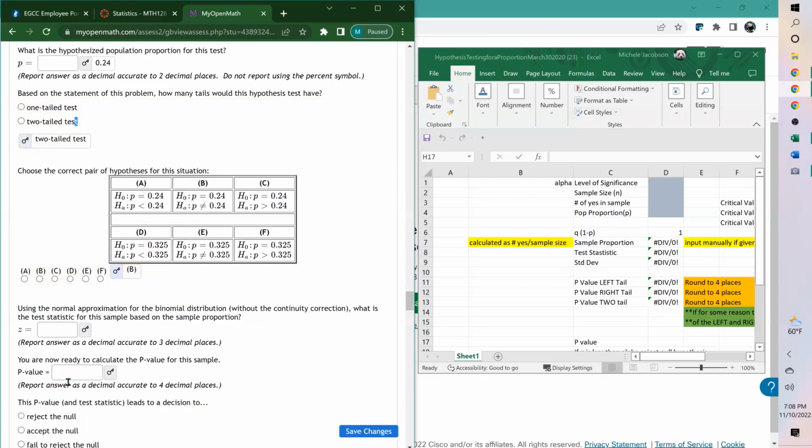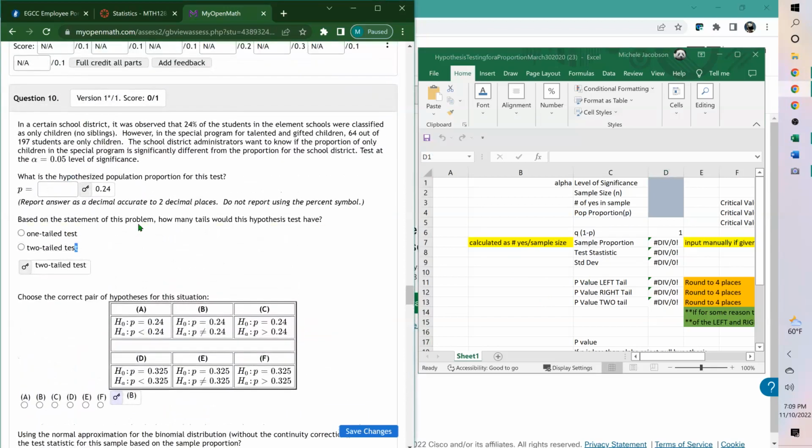Now for the Z value and the p-value, all of that will be found in the table. So if we go to the table and plug our values in, the significance level was 0.05.